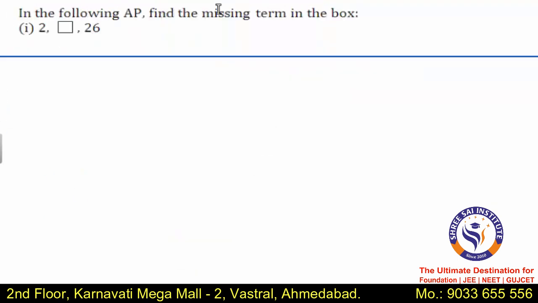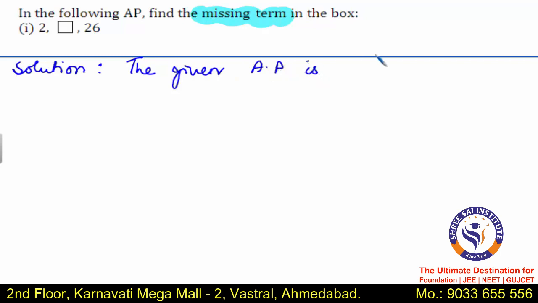In the following AP, we have to find the missing term. Let's begin with the solution. The given AP is 2, blank and 26.